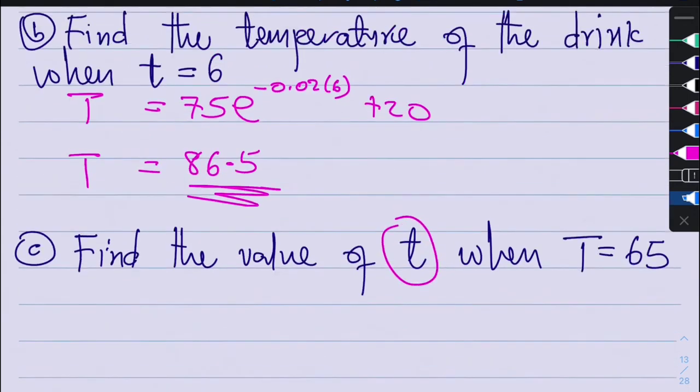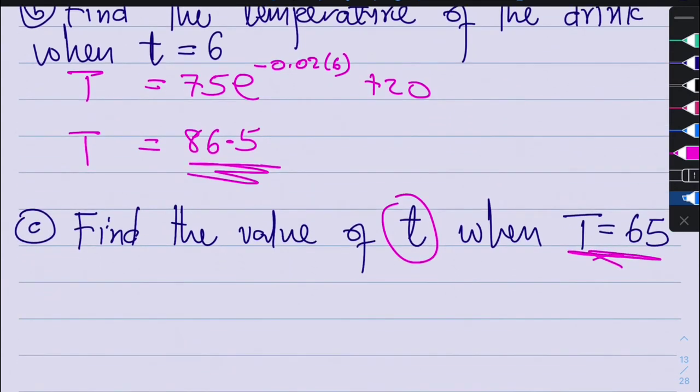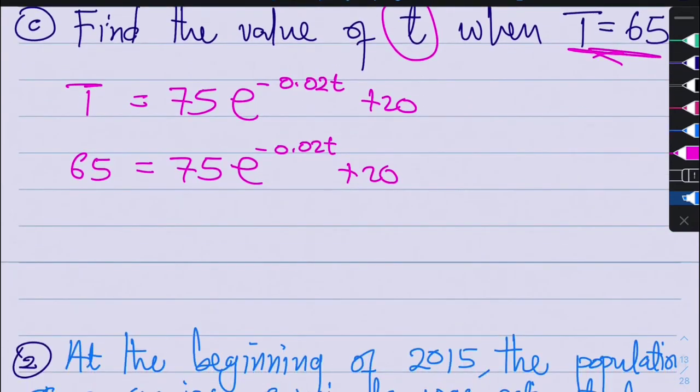Now they said find the value of the small t when the big T is 65. Remember that the formula is T is equal to 75 e to the power negative 0.02 t plus 20. Now they said that the big T is 65, so 65 is equal to what we have here, and they want us to find the value of the small t.